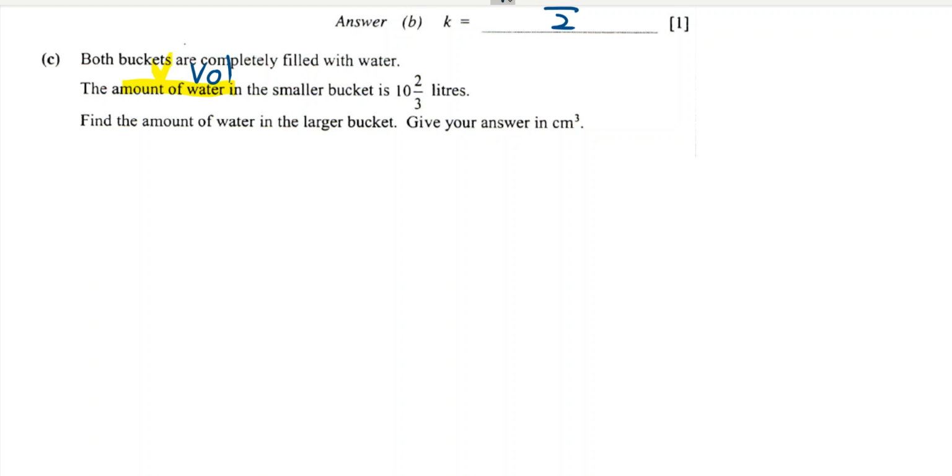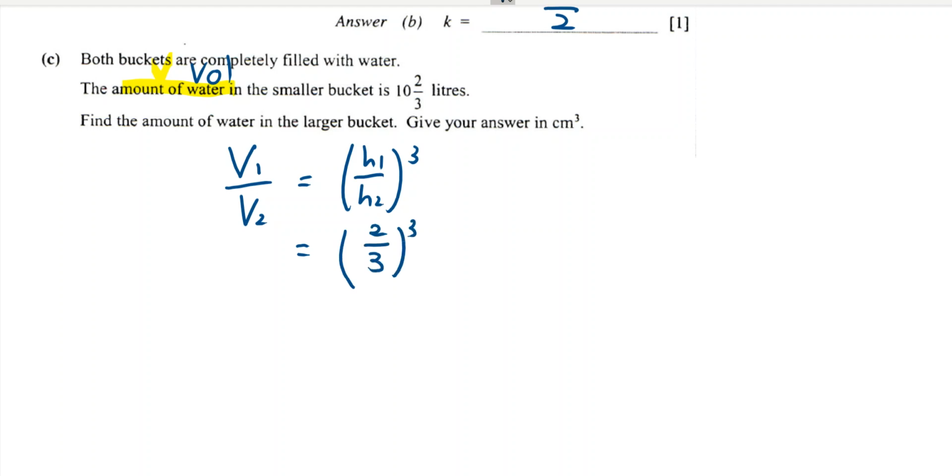Now again we write the concept, which seems to be very simple. V1 over V2 is equal to (h1 over h2) cubed, which is equal to (2 over 3) cubed, which is equal to 8 over 27. So V1 over V2 is equal to 8 over 27.